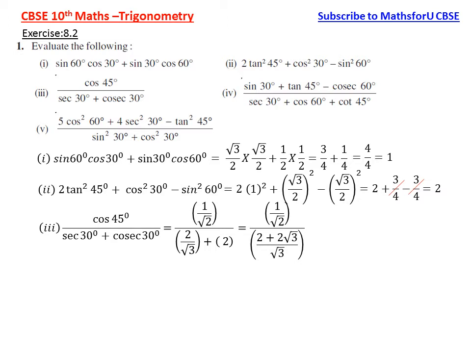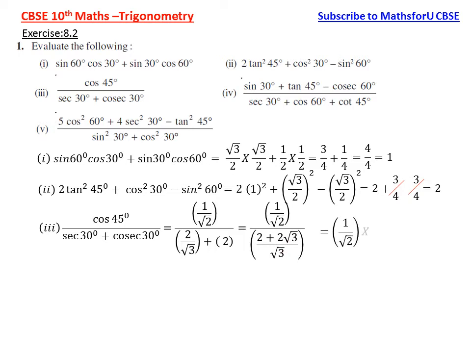Now in numerator and denominator both we have fractions. So instead of dividing the fraction of the numerator with the fraction of the denominator, we reverse and multiply, that is multiply with its reciprocal.